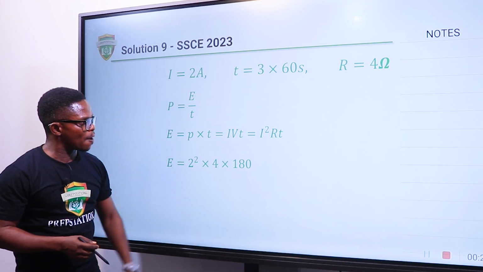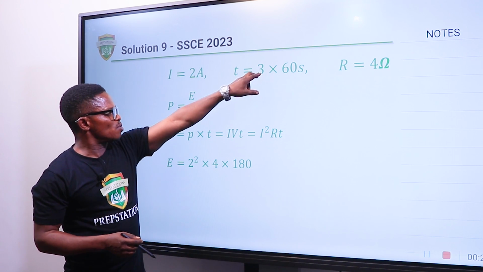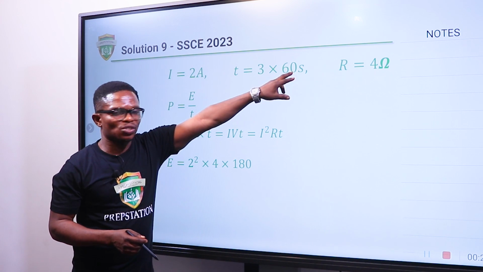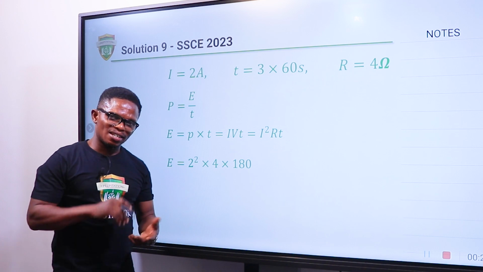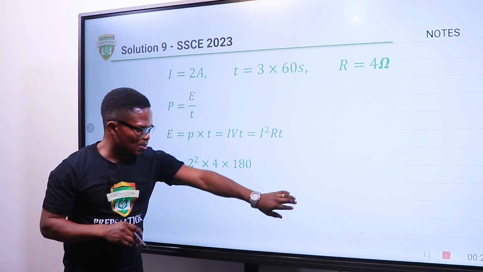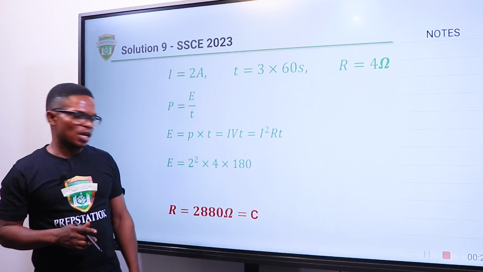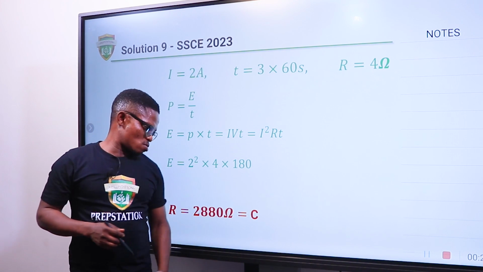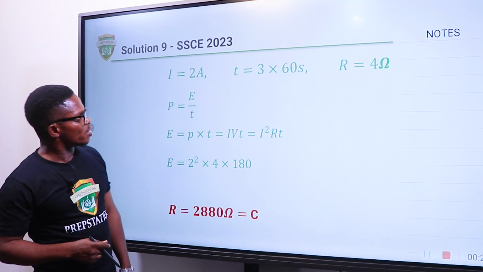And then lastly, where you have T, T was 3 minutes. 3 minutes converted to seconds is 180 seconds. So with this, what next? Punch your calculator, and the final answer will come out as 2,880 ohms. So this is why option C was the best answer.